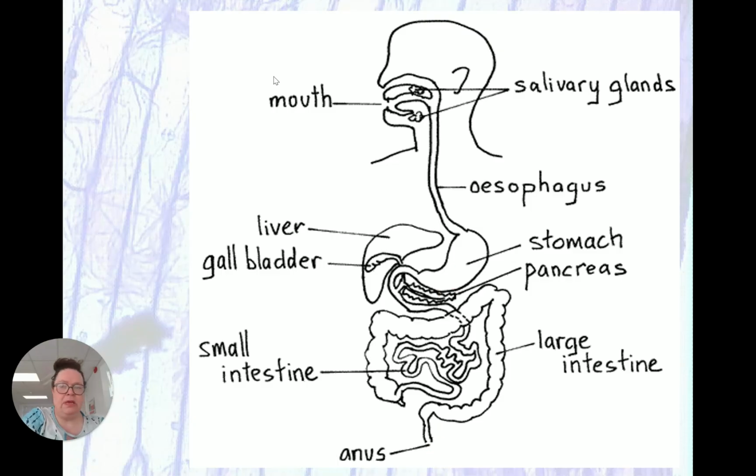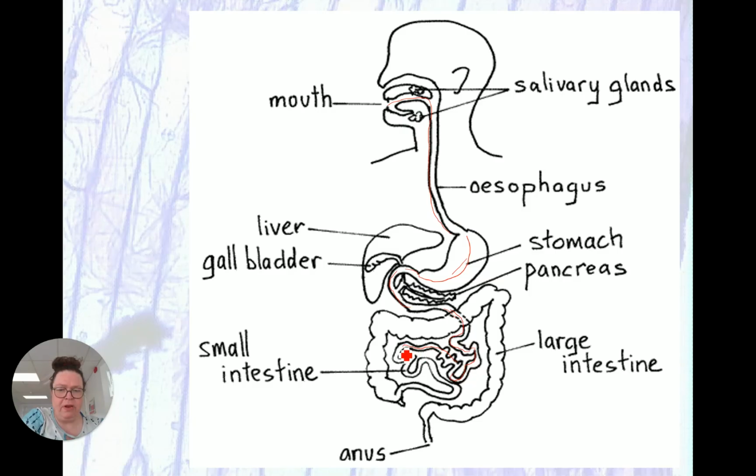So you'll notice that where the food goes is actually one continuous tube, if you like. Okay, the food does not leave this canal at all. It stays in here.